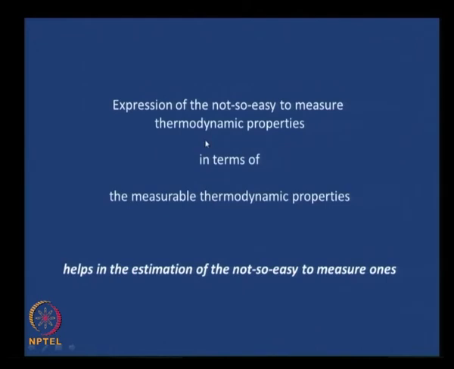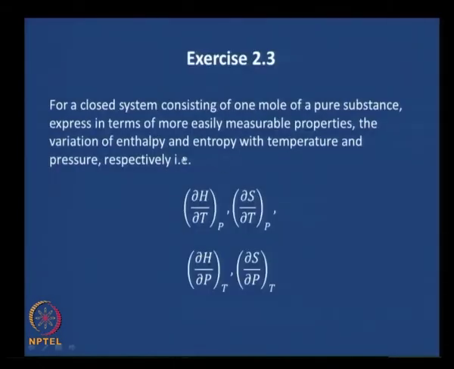Expression of the not so easy to measure thermodynamic properties in terms of measurable thermodynamic properties helps in estimation of the not so easy to measure ones. I am just repeating this so that it gets across. The exercise was for a closed system consisting of 1 mole of a pure substance, express in terms of more easily measurable properties the variation of enthalpy and entropy with temperature and pressure respectively.